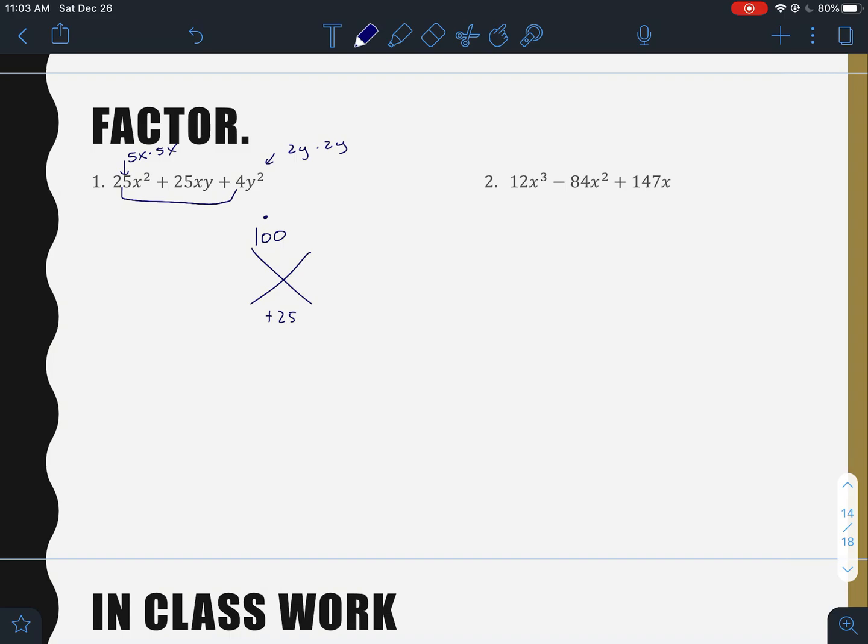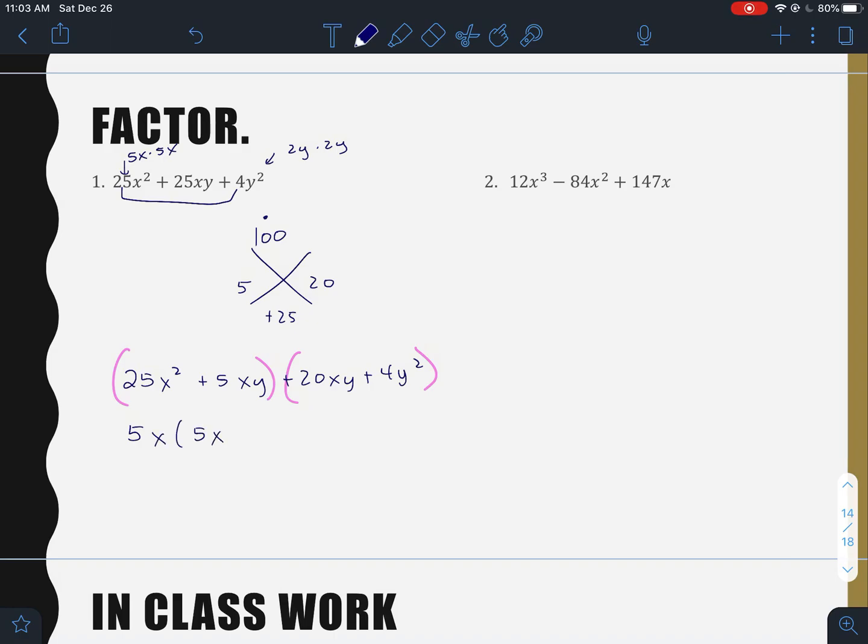Well, the factors of 100 are 1 and 100, 2 and 50, 4 and 25, 5 and 20. So the two numbers that I want are 5 and 20. So I have 25x squared plus 5xy plus 20xy plus 4y squared.